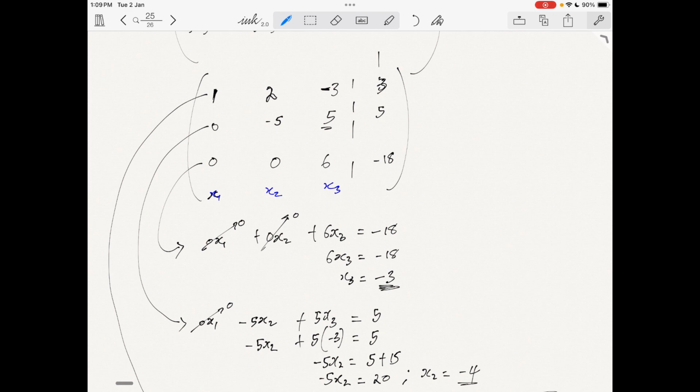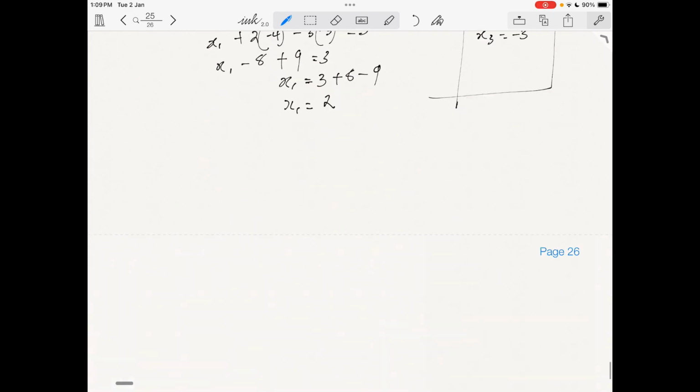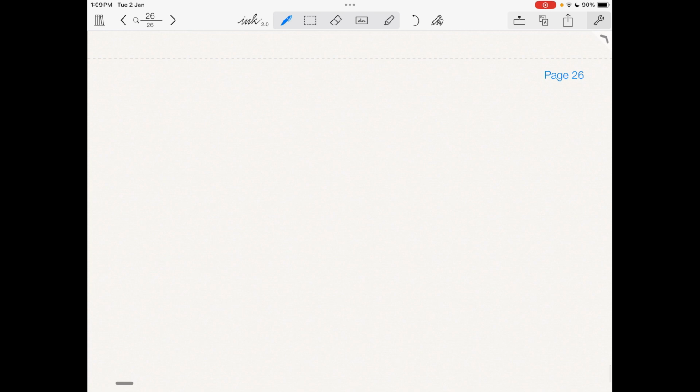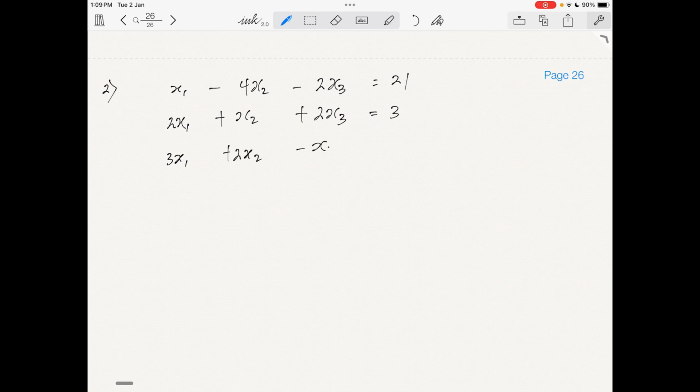So now let's take a quick example to understand better. We're given x1 minus 4x2 minus 2x3 is equals to 21, 2x1 plus x2 plus 2x3 is equals to 3, and 3x1 plus 2x2 minus x3 is equals to minus 2. Remember, the first thing to do is to separate x1, x2, x3, by first writing the coefficients.